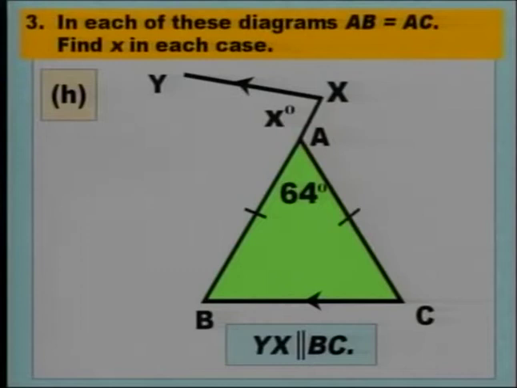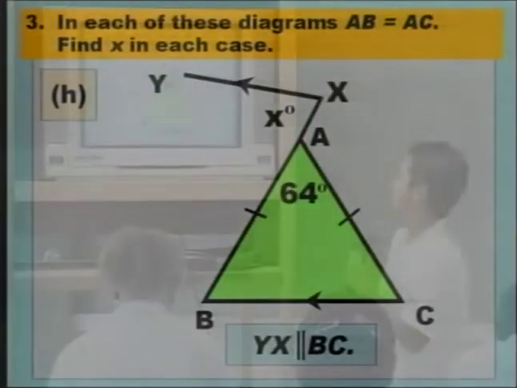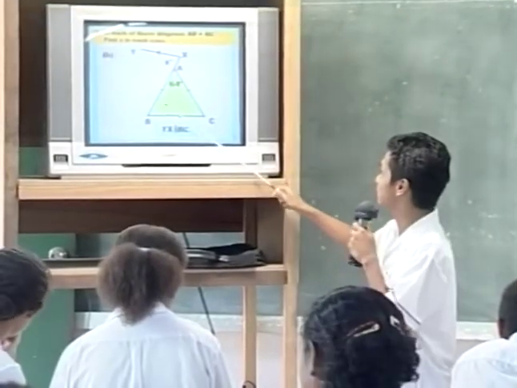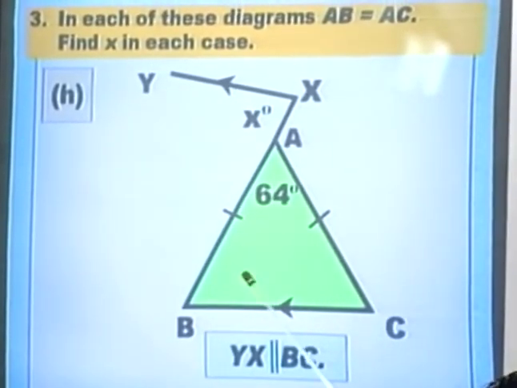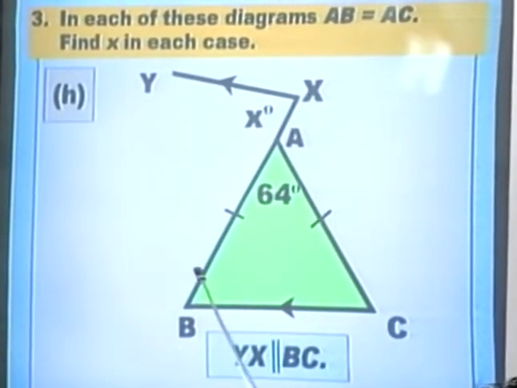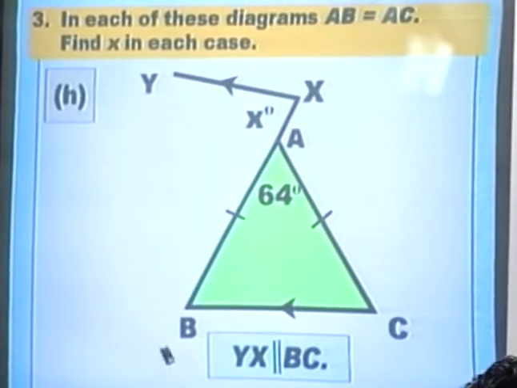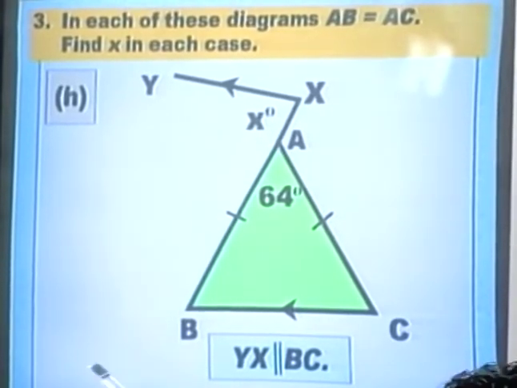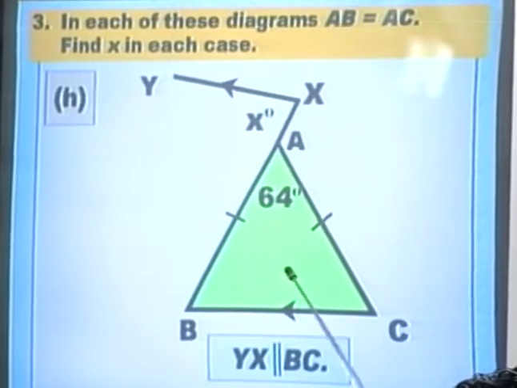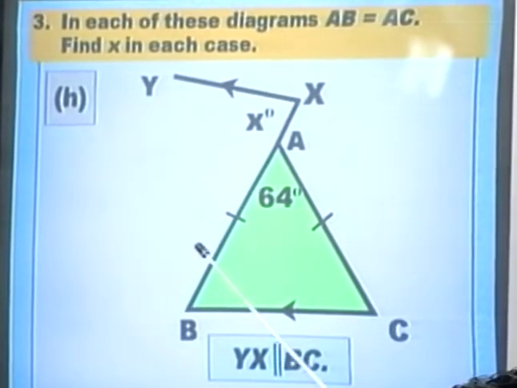Letter H, Jake. Because the triangle is an isosceles triangle, these two angles are equal. 180 minus 64 divided by 2 will give us 58. 58 on both sides.